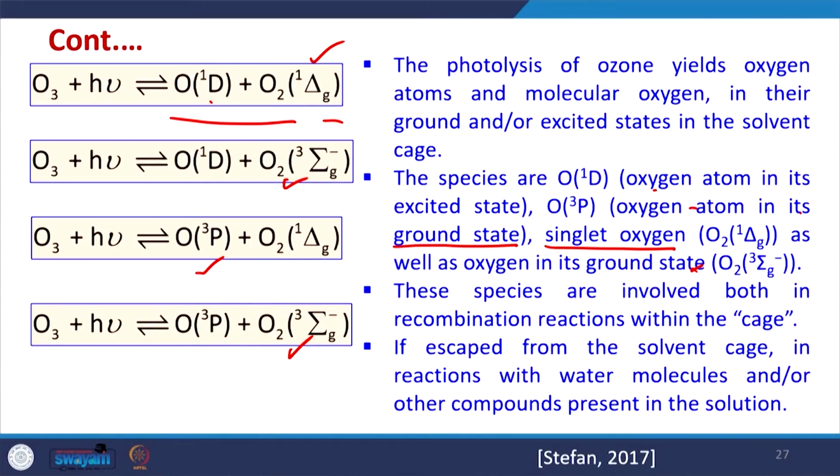So, this is more desirable. If escaped from the solvent cage, they react with the water molecules or other compounds present in the solution. So, we want this reaction to happen. These species should combine with the contaminants, which is desirable.